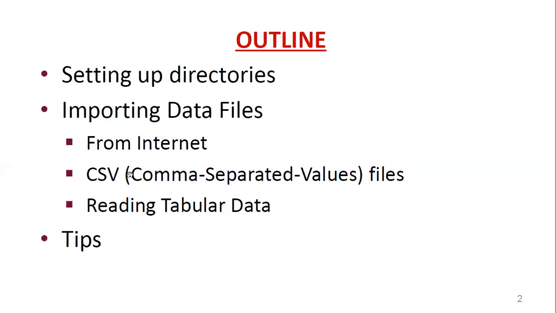Another one is a CSV, comma separated values file, an Excel file with extension .csv, which can be stored in the computer, that you can load into R software. Then reading tabular data, meaning text files from the computer. So from an internet source is one, using a direct internet link. Then two, from computers with different formats. One is CSV, another one is a text file that can be in tabular data form. Finally, conclusion.